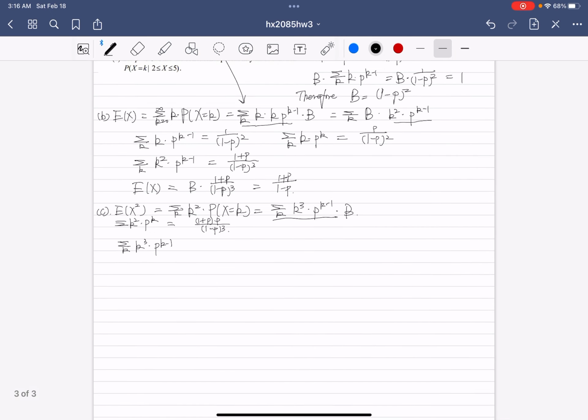Then the right part will be p squared plus 4 times p plus 1, divided by 1 minus p to the power of 4.